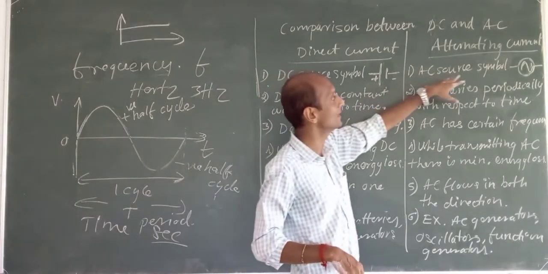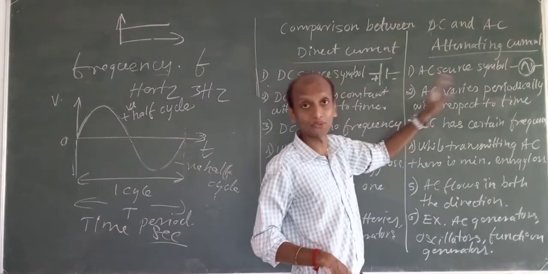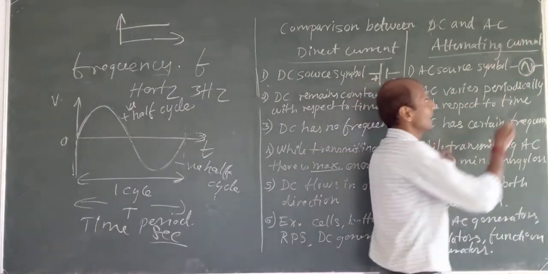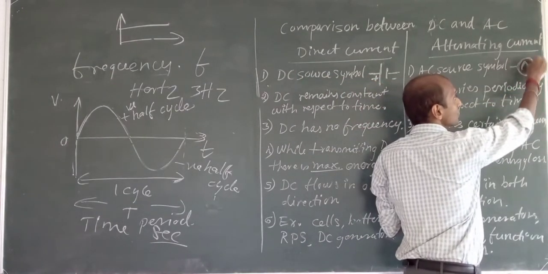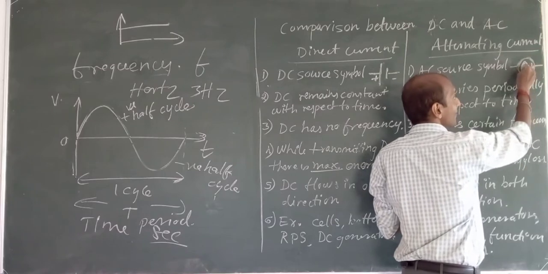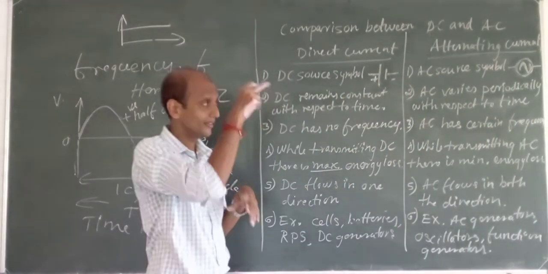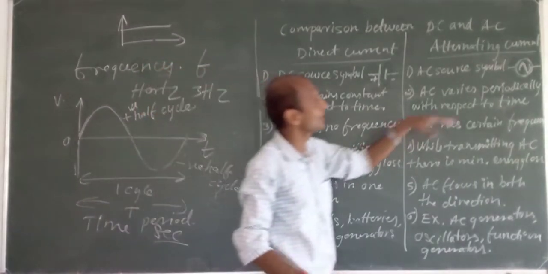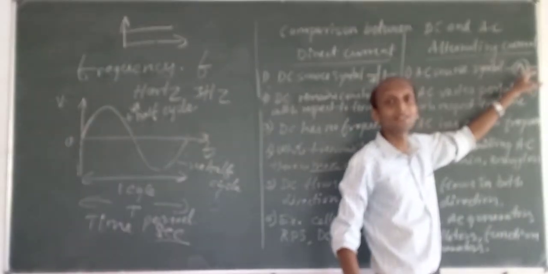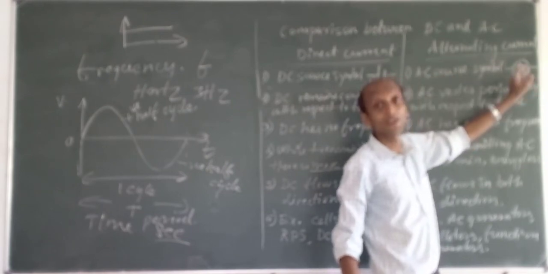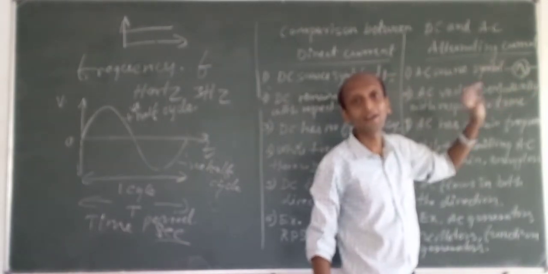When it comes to AC source symbol, alternating current source symbol will be represented somewhat like this way. So this is a circle, and we will represent an alternating waveform inside the circle, so that it will represent an AC circuit symbol.